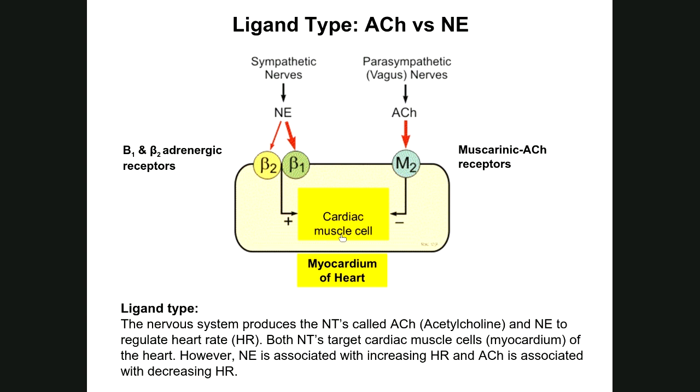Some of these cardiac muscle cells have two different types of receptors that recognize two different types of ligands. Some of these cardiac muscle cells, I'm just saying some, will have receptors that recognize a ligand known as ACH. Down here at the bottom, ACH stands for acetylcholine. It functions as a neurotransmitter in this case.